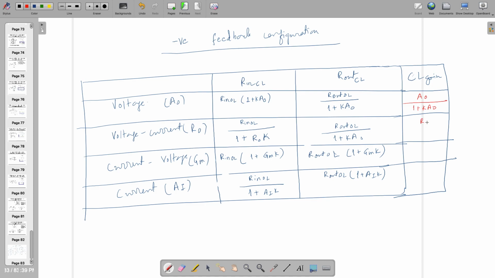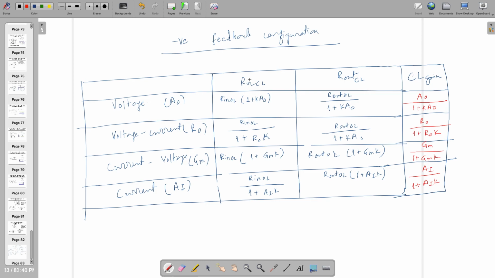In this case it's divided by 1 plus A0K, in this case 1 plus R0K, in this case it's GM divided by 1 plus GMK, and this one is AI divided by 1 plus AIK. So every time the gain is getting decreased by a loop gain, and it gives you a gain desensitized topology.